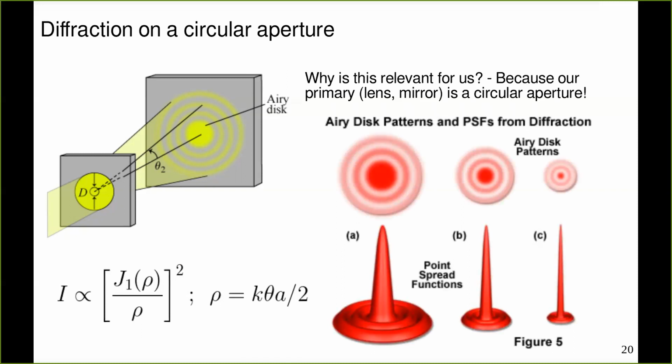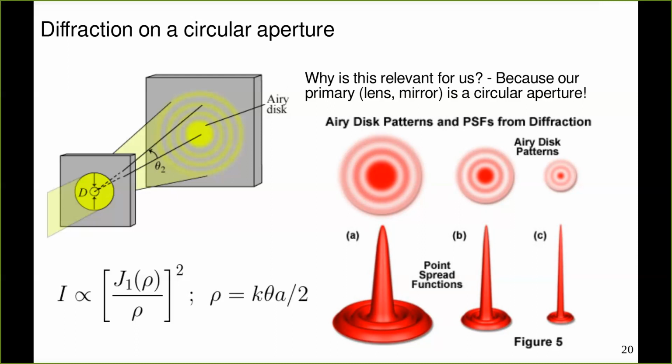Very often the saturation in these images is made so that, in order to see the secondary maxima, you need to saturate the primary one. If you were to visualize the point spread function, or this Airy disk, which is basically the interference pattern of a circular aperture, it would look something like this.